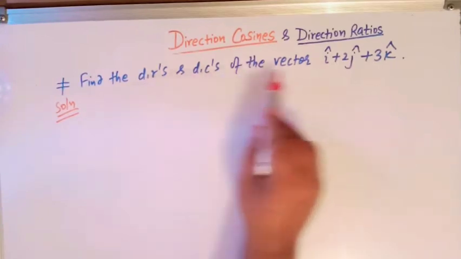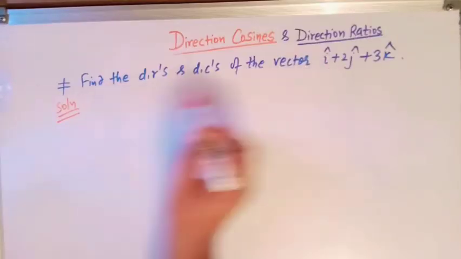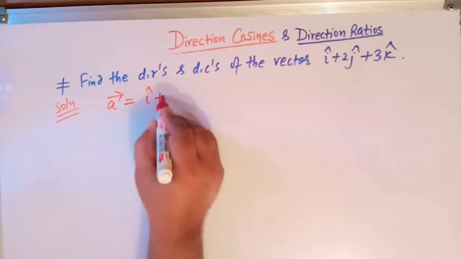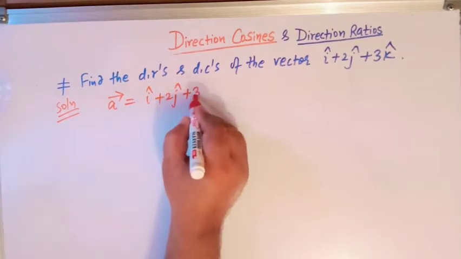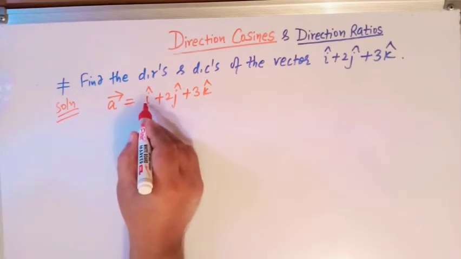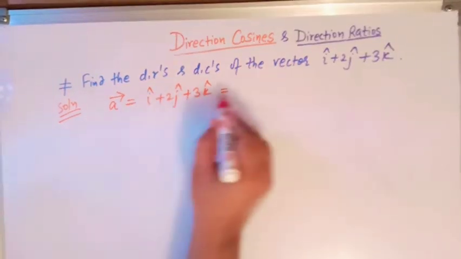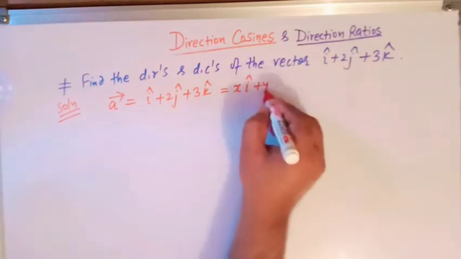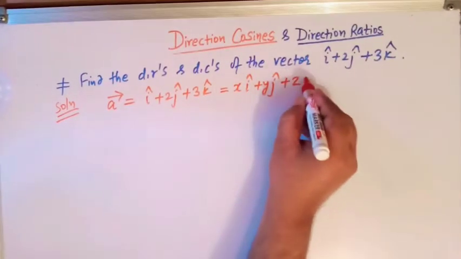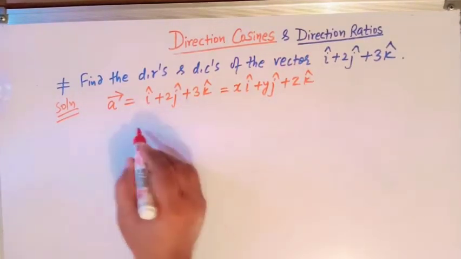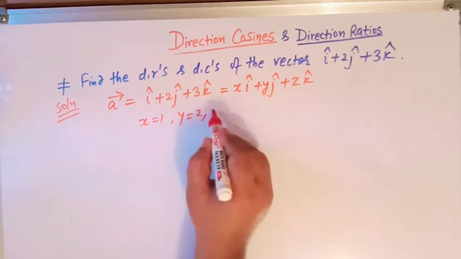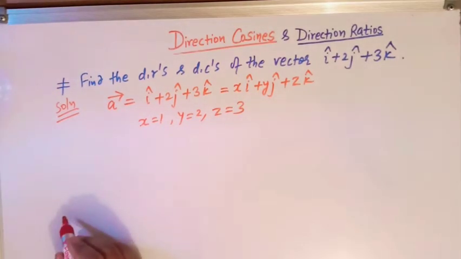So viewers, always remember, suppose this is a vector A and we compare this vector with xi plus yj plus zk, then we see that x is 1, y is 2 and z is equal to 3, right?